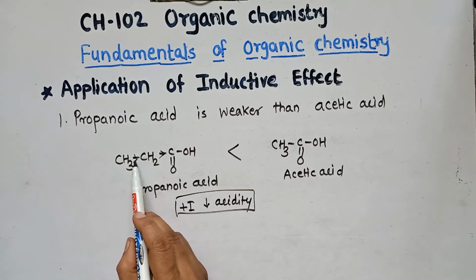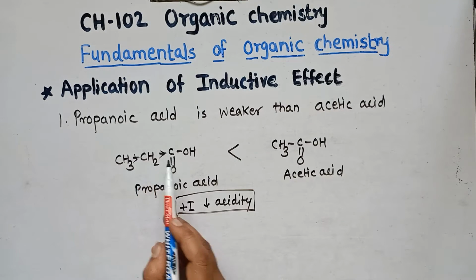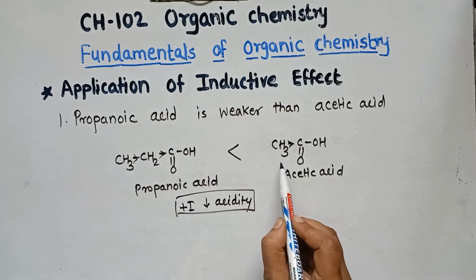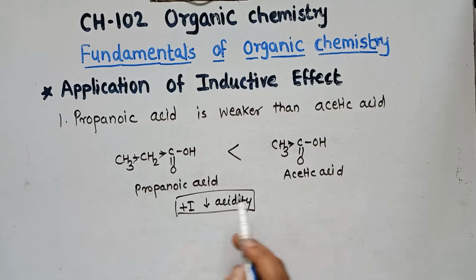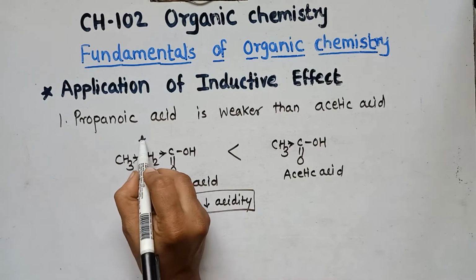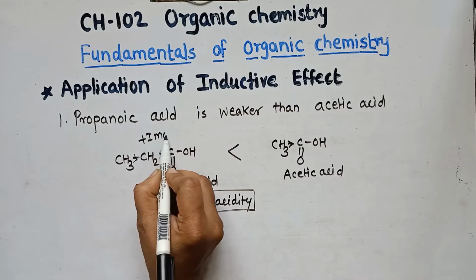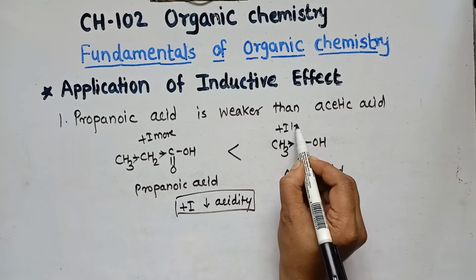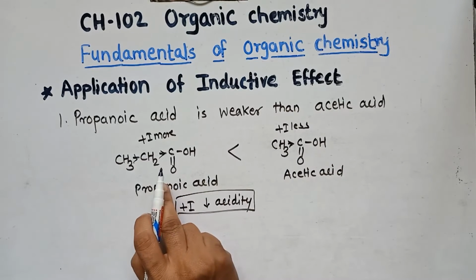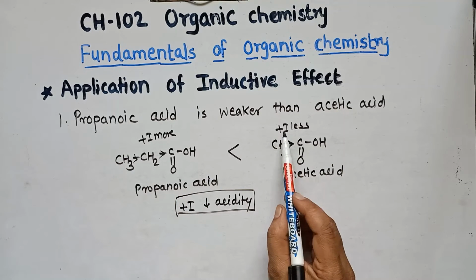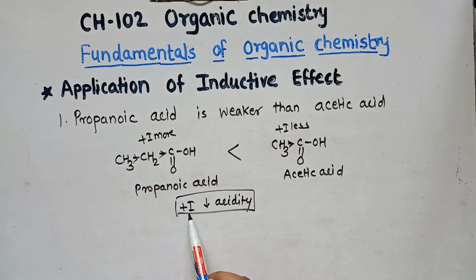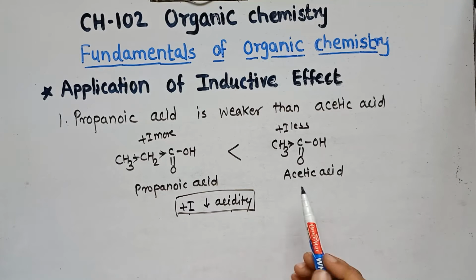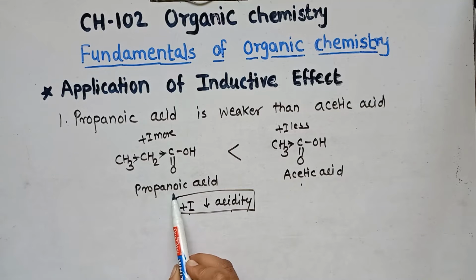So it donates the electron to this side. Here only one methyl group is there. It donates electron to this side. So in this case the plus I effect is more, and here the plus I effect is less as compared to this one. So as the plus I effect is less, acidity is more. That's why acetic acid is a stronger acid than propanoic acid.